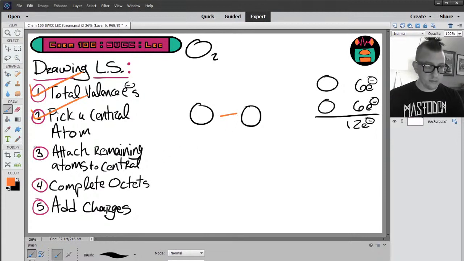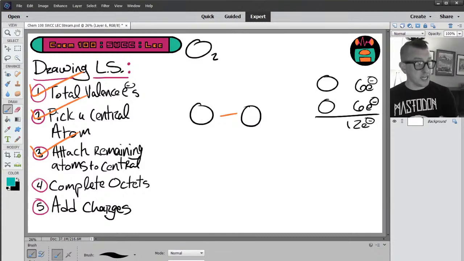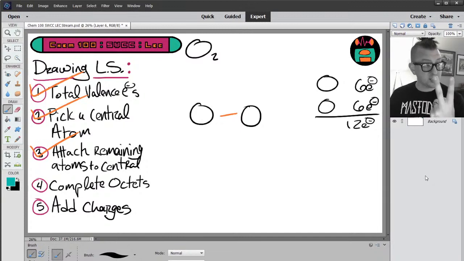All right, now we've attached them. Now we've got to fill out our octets. You'll notice that oxygen, it doesn't matter which one because they're identical at this moment, there's 1 bond, so each oxygen has access to 2 electrons.